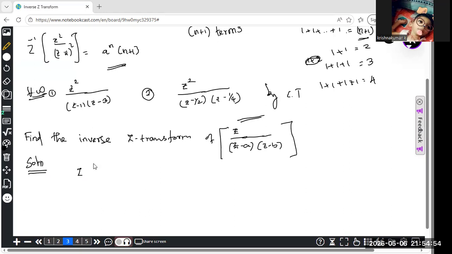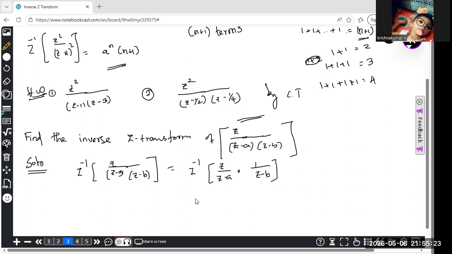So Z inverse transform of Z by (Z minus A)(Z minus B) will be equal to Z inverse of, you just take this Z with one function, Z by (Z minus A), and the next one is just 1 by (Z minus B).